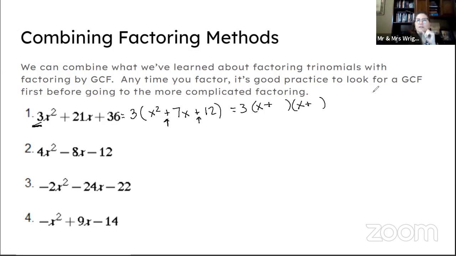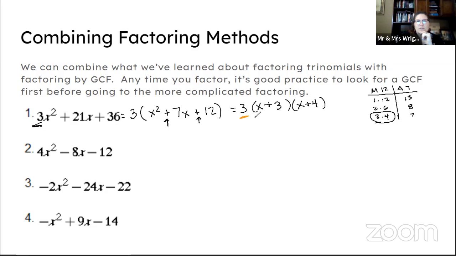Now, I want something that's going to multiply to be 12 and add to be 7. So let's look at these. We've got 1 times 12, they're both positive, 2 times 6, and 3 times 4. So 1 plus 12 is 13, 6 plus 2 is going to be 8, and 4 plus 3 is 7. So right here, I have my answer, 3 and 4. So I want to point out to you real quick that we have 3 terms.